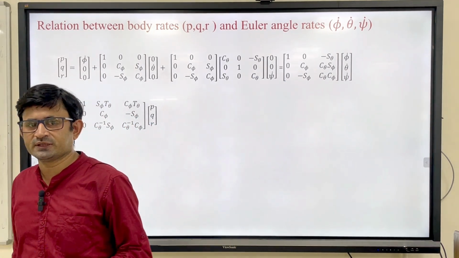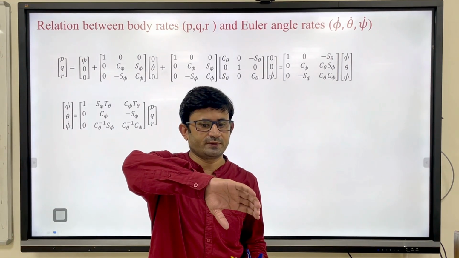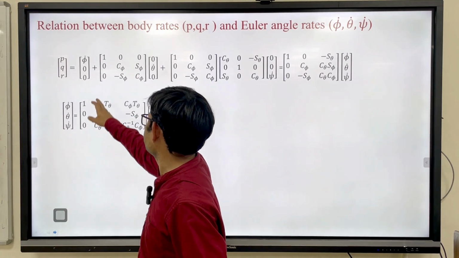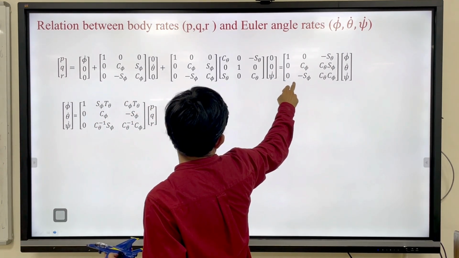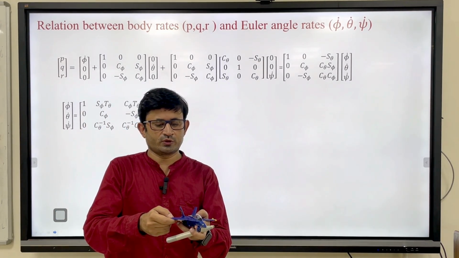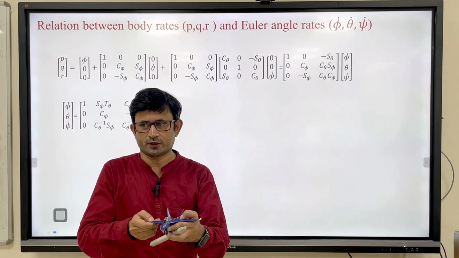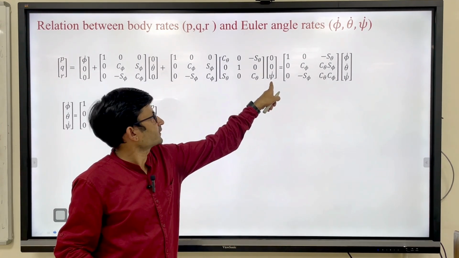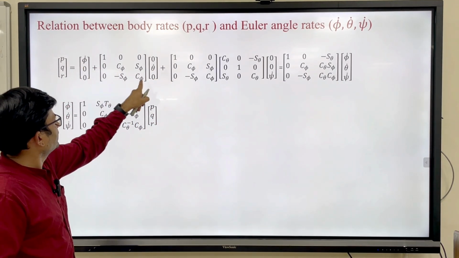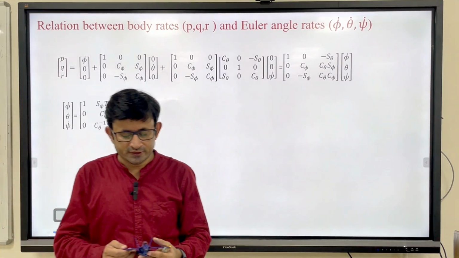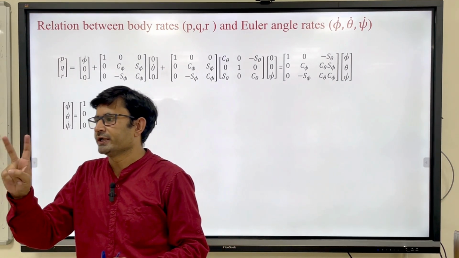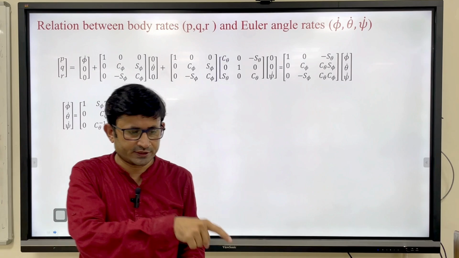Now when you are performing the rotation, you are rotating about the z axis first. That is the first rotation, about the z axis. So the angle you are rotating is psi, and the rate is psi dot. This is psi dot, this one is theta dot, and this one is phi dot. But as I clearly told you, two intermediate frames are involved between inertial and body.